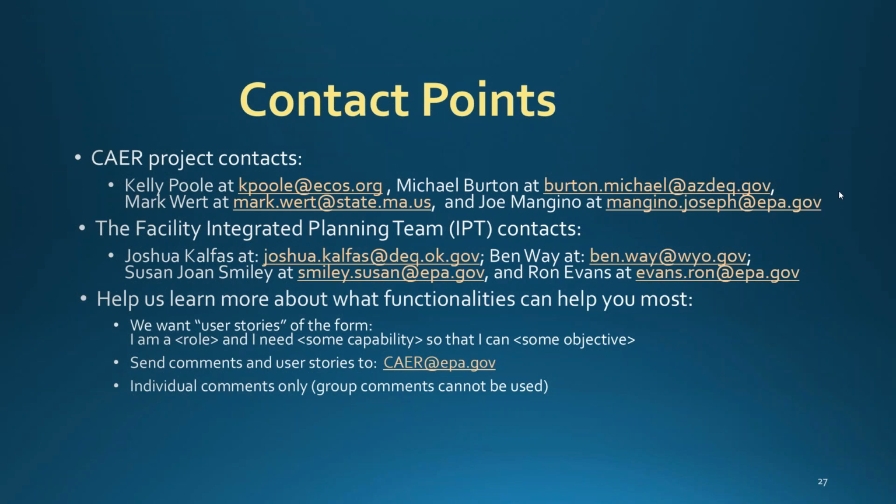Thank you. All right, the next question is, TRI doesn't cover criteria pollutants. Will they be covered in the project or not? You mean in terms of the overall project? Yes.